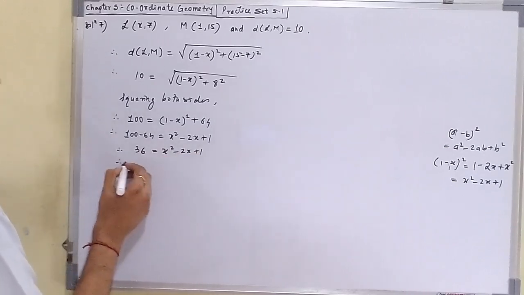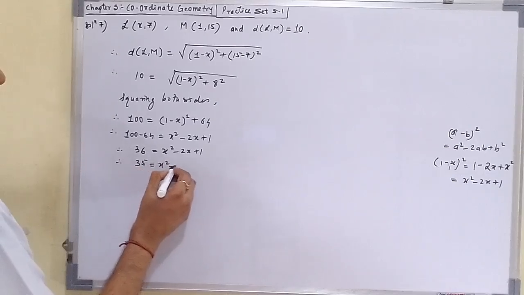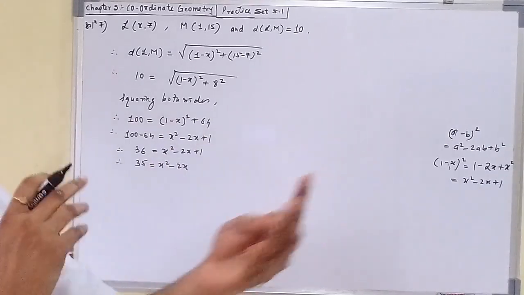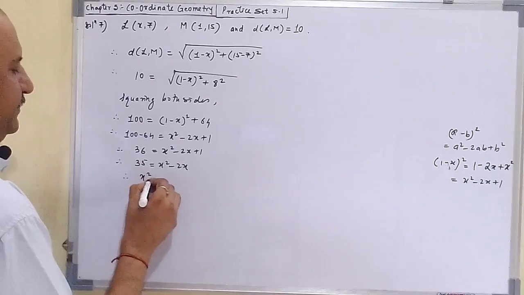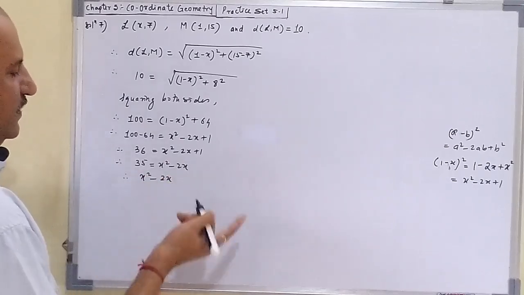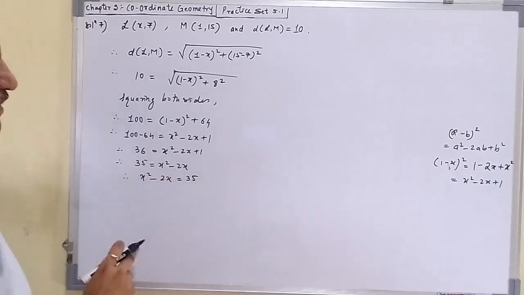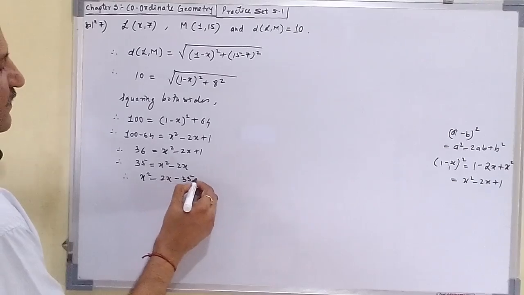This 1 goes to that side, so it will be 35 equal to x square minus 2x. Side changes, sign changes. Turning it around, x square minus 2x equals 35. Now bringing 35 to this side, minus 35.